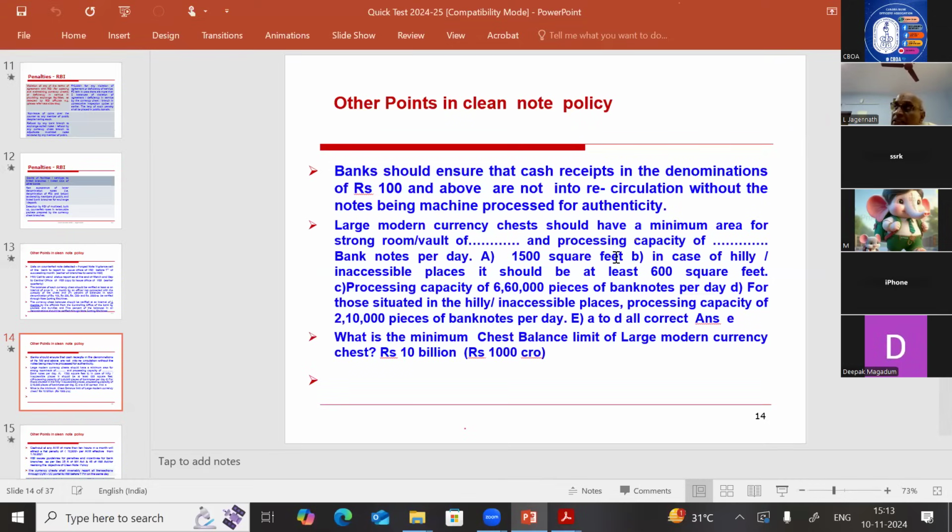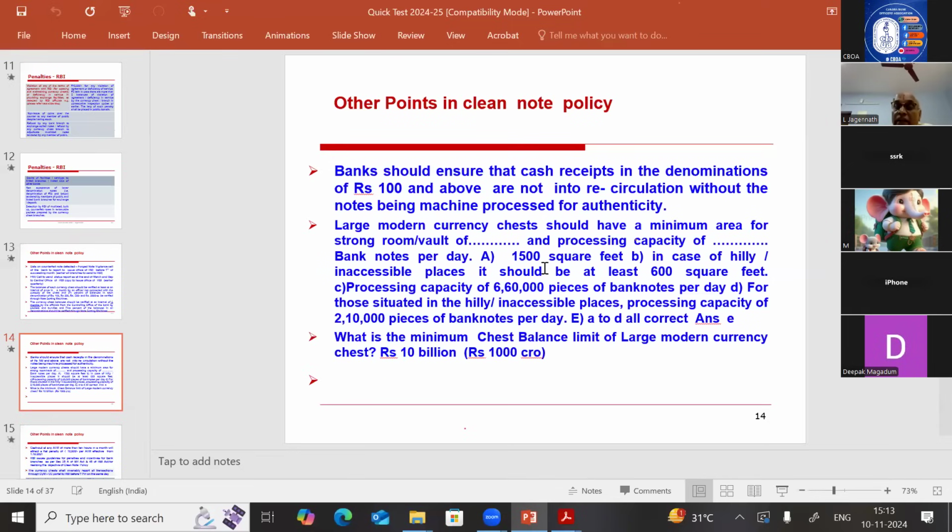Suppose the currency chest is in a hilly area or inaccessible area and the area is 600 square feet, then also it is called a large modern currency chest. Coming to the processing capacity, other than hilly areas, in 1500 square feet, with a processing capacity of 6,60,000 pieces of banknotes per day, it is a large modern currency chest.